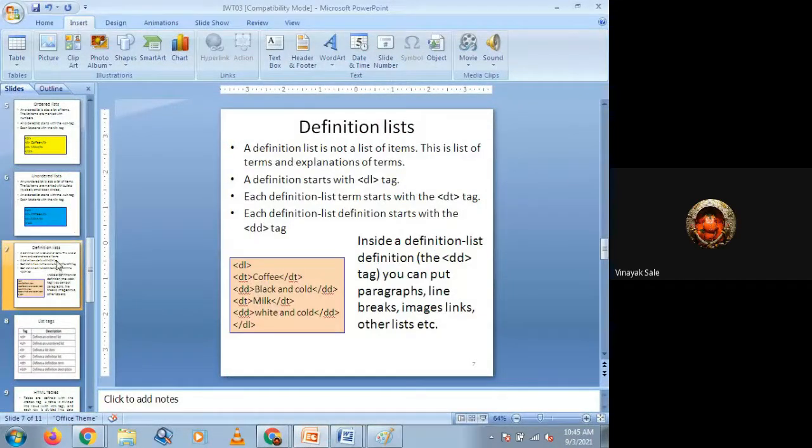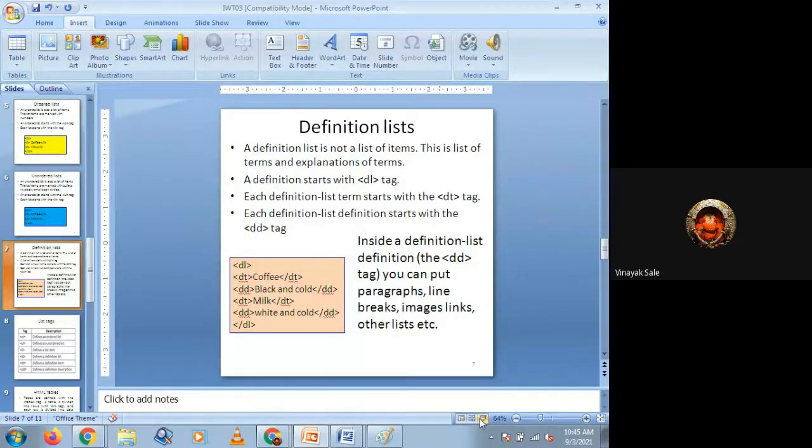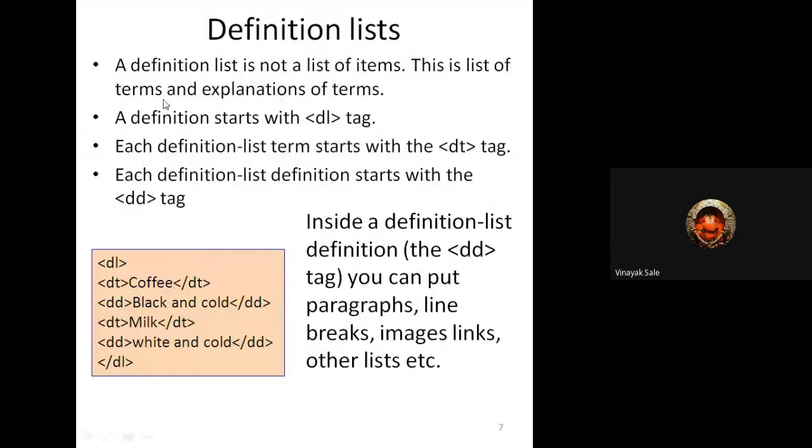Then next part is definition list. So a definition list is not a list of elements. It is a list of terms and explanation of terms.